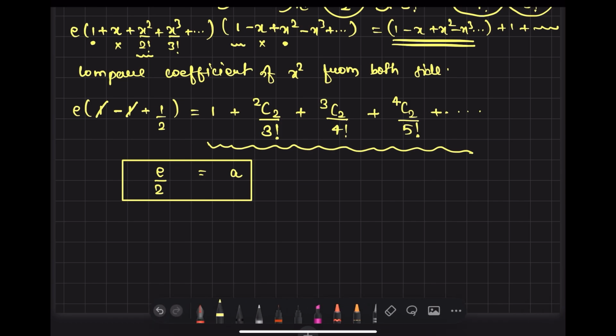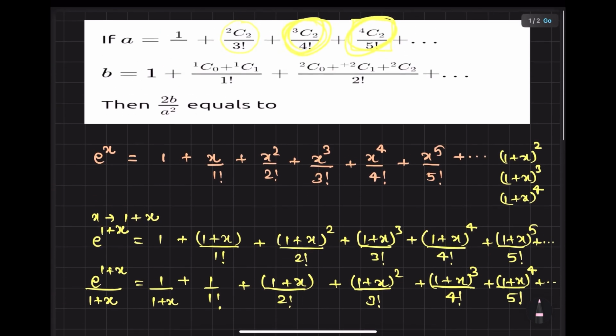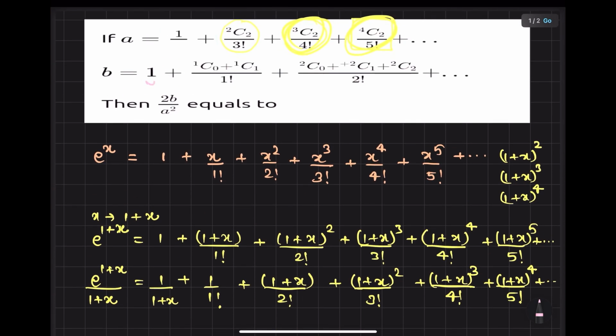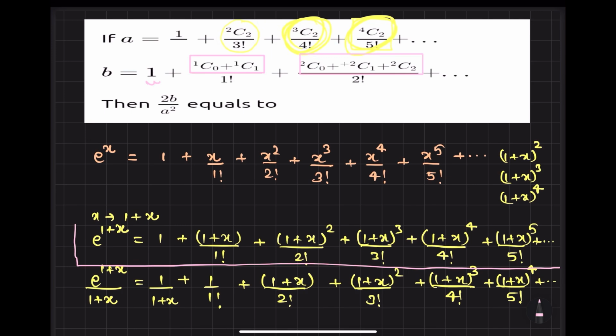Now we have to be focused to find out the value of B. Now look at this, who is B? This is 1 and this is the sum of binomial coefficients of 1 plus x power 1, correct or wrong? Sum of binomial coefficients of 1 plus x power 2, right? Now look at this thing. Don't you think you can correlate with this example?